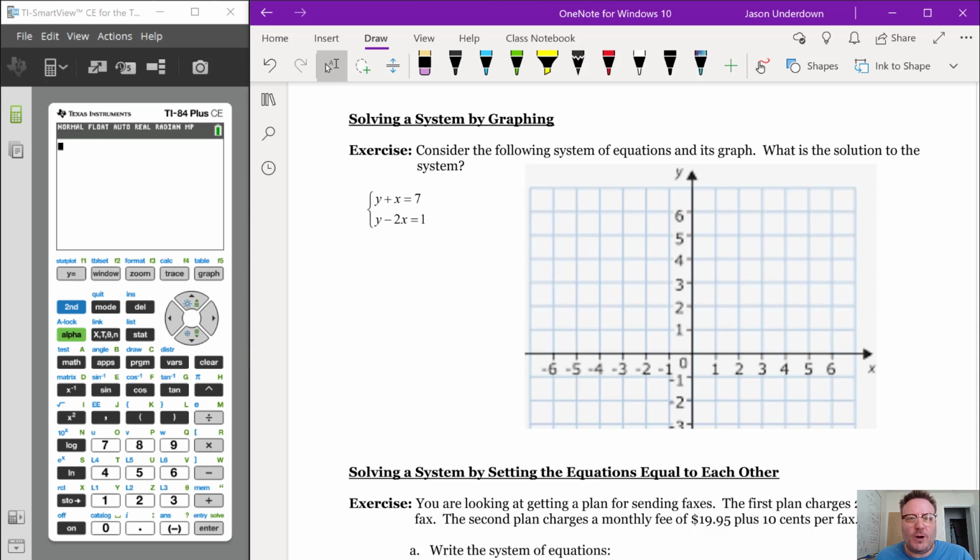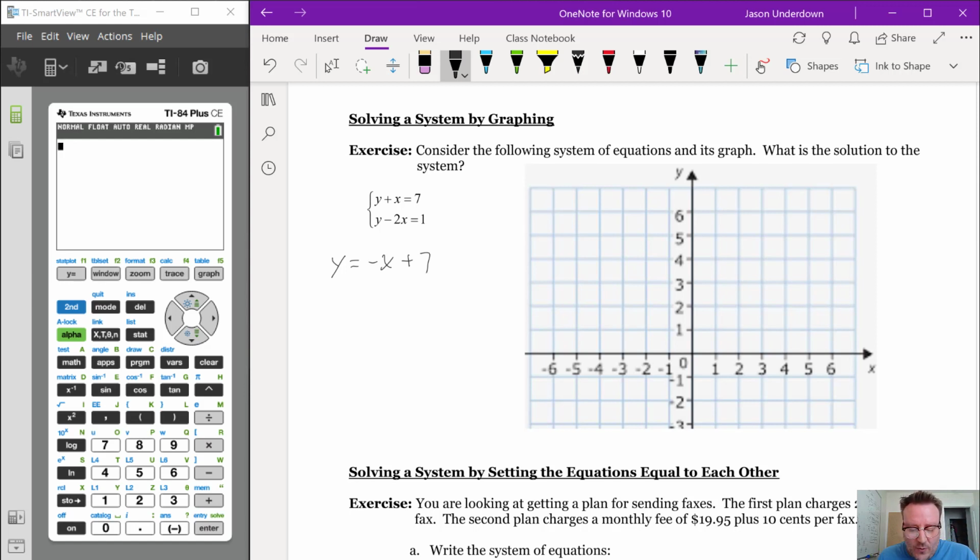And we'll see, writing your system in general form is advantageous for certain solution methods, but not so much for the graphical solution method, because in the graphical solution method it's easier to graph the equations if we put it into slope-intercept form first. So I'm going to rewrite this system. The first equation, if I subtract x from both sides, becomes y equals negative x plus 7.